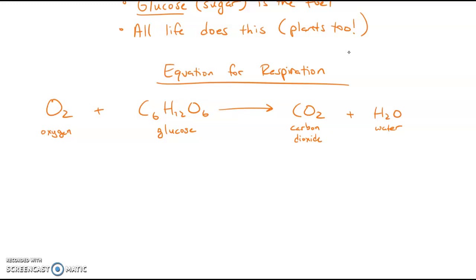Notice on the left and right side, you just see three elements, C, H, and O, carbon, hydrogen, oxygen. That's because they're just rearranged by the enzymes in the mitochondria. As they break the bonds, it releases energy, which powers everything you do. Okay, that's the big idea behind this process.